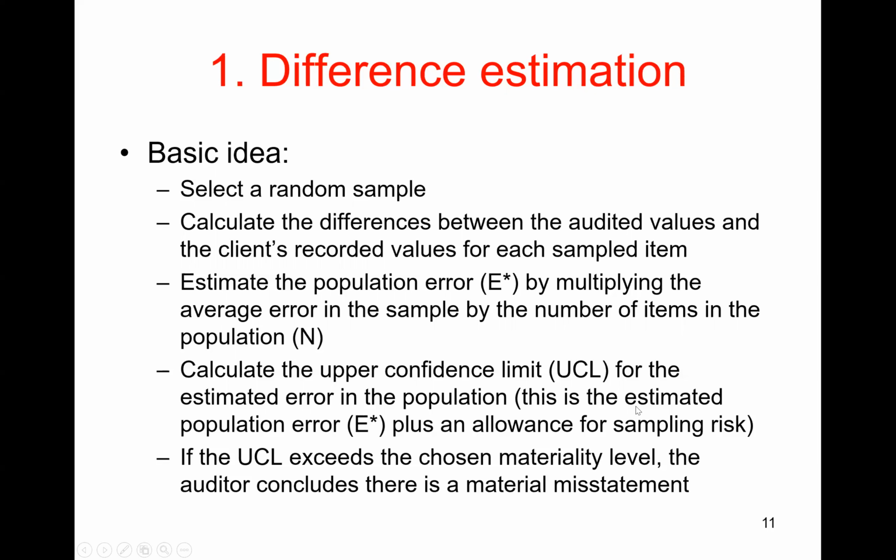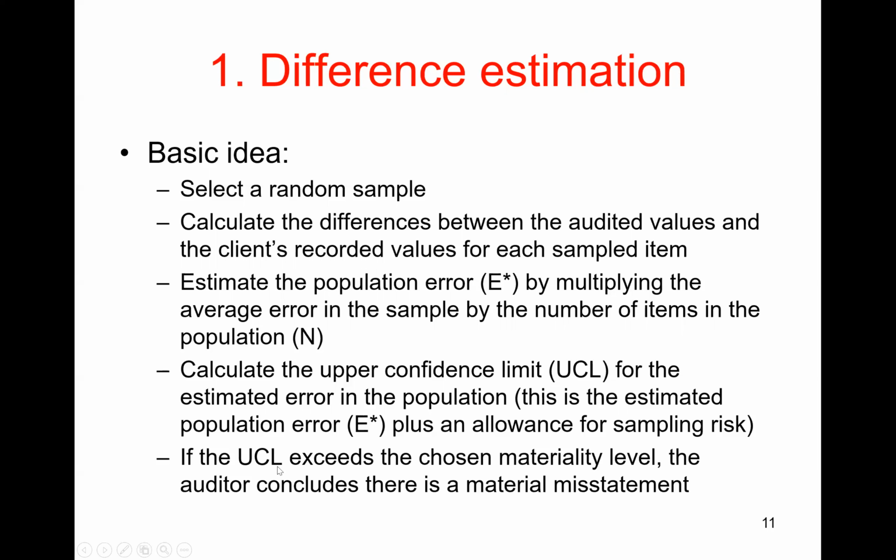Okay, so again, the reason why we have sampling risk is because the auditor is not testing everything, right? So we want to consider what's the risk that the auditor may draw the incorrect conclusion, right? Either making a type 1 error or a type 2 error. So that's why we're going to allow for sampling risk. Right, so that's the fourth part of the basic idea.